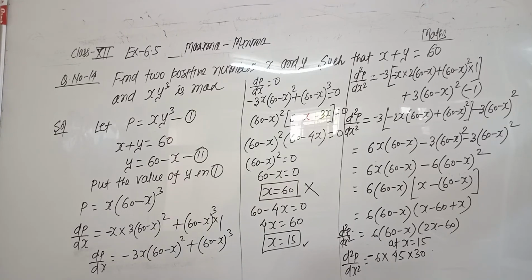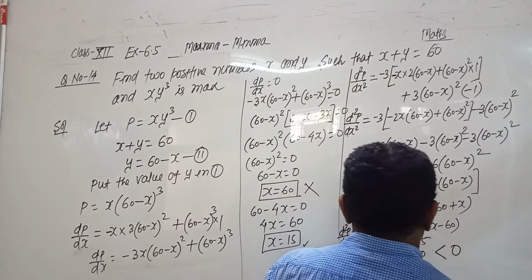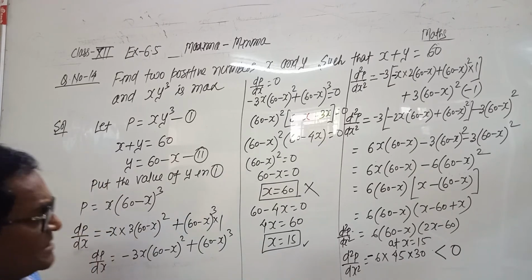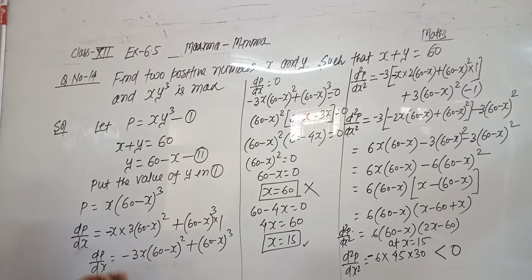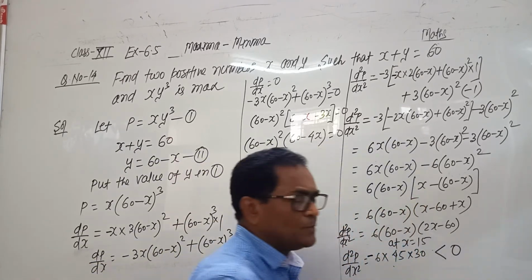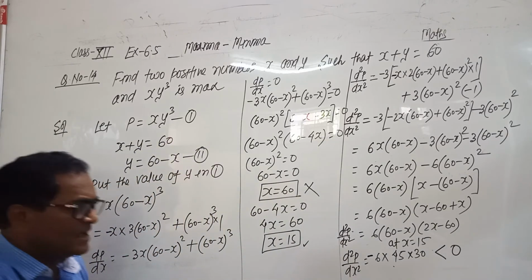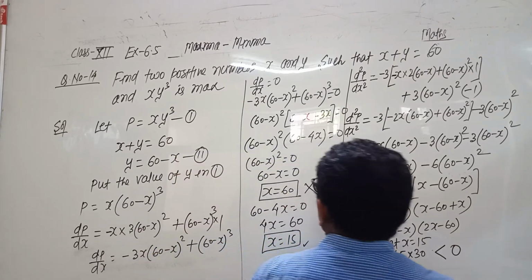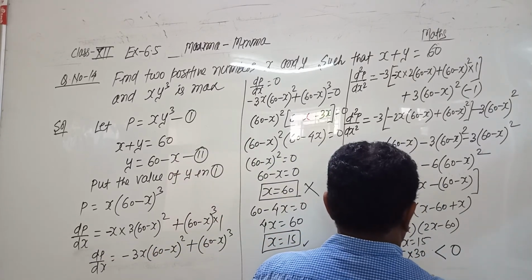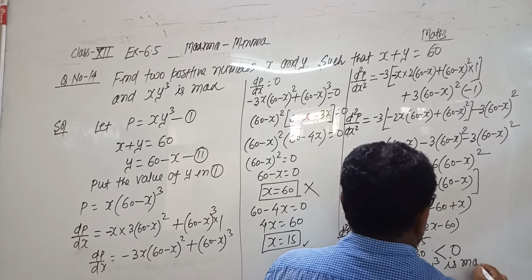It means the double derivative is negative, d²P/dx² is less than 0. And if the double derivative is less than 0, it means it gives a maximum value. So we will write that since d²P/dx² is less than 0, this implies xy³ is maximum.